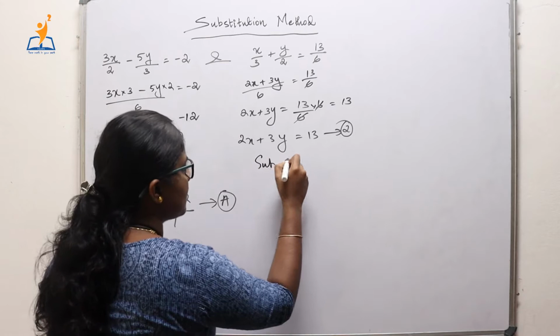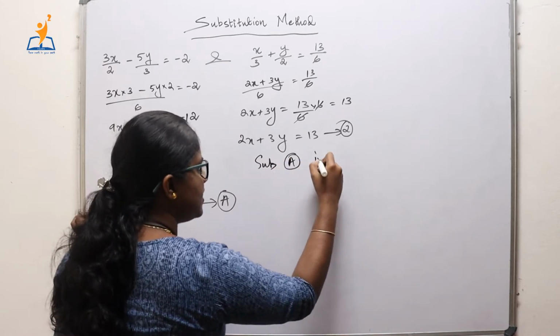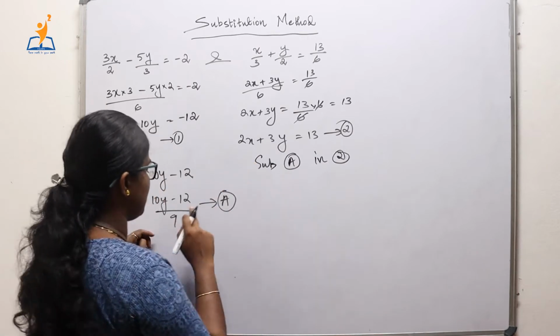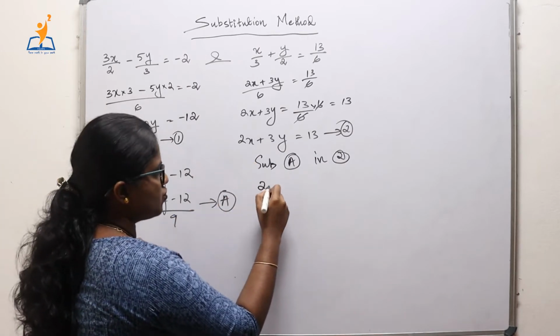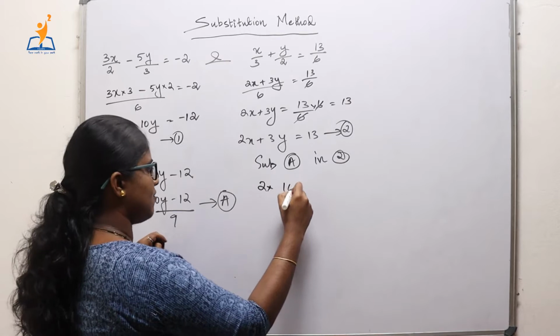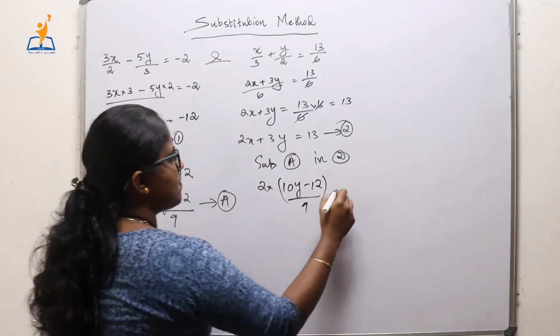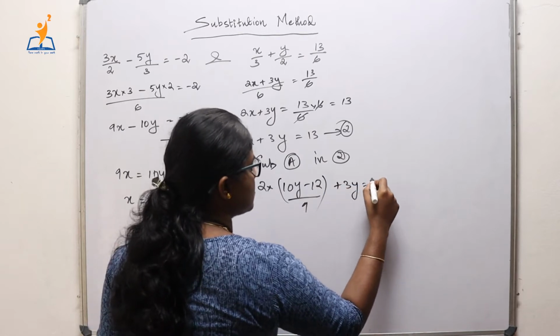Substituting A in equation number 2, which means A is x equals (10y minus 12) by 9. Therefore 2 into x becomes (10y minus 12) divided by 9, plus 3y equals 13.